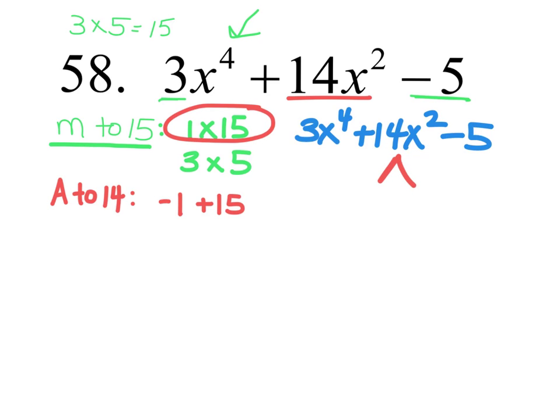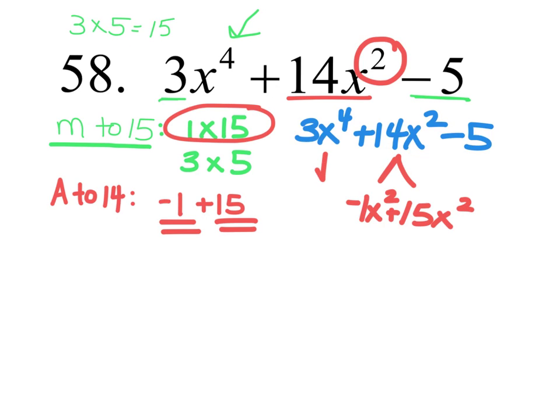I am going to take the middle term and split it up using the two numbers that I just found. Usually we would put a 1x and a 15x, but the only difference here is that we're just going to do x squared, because my middle term is an x squared. And we still drop down my first and my last.